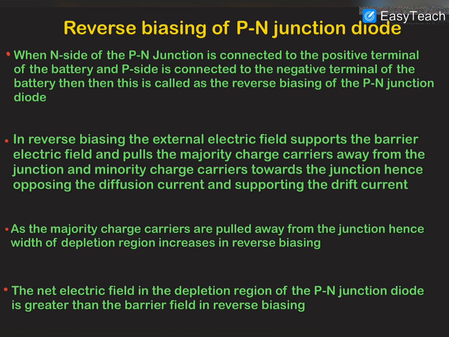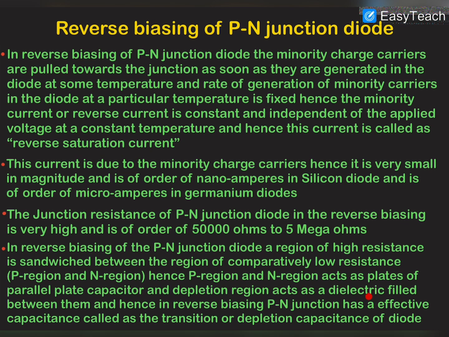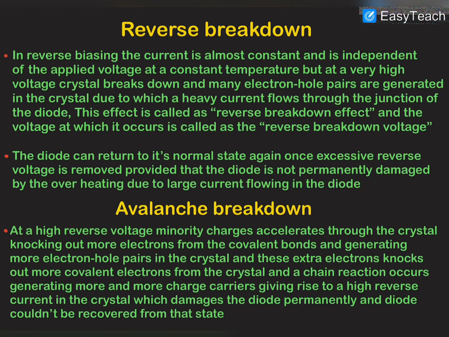This capacitance is also called the junction capacitance or transition capacitance of the PN junction diode. Okay, so in reverse biasing, the PN junction diode is acting like a capacitor.